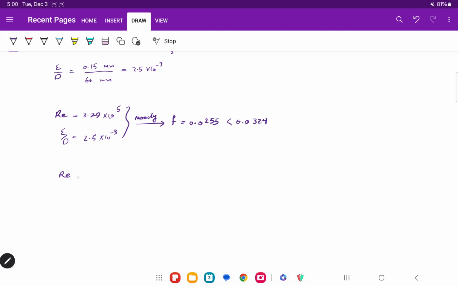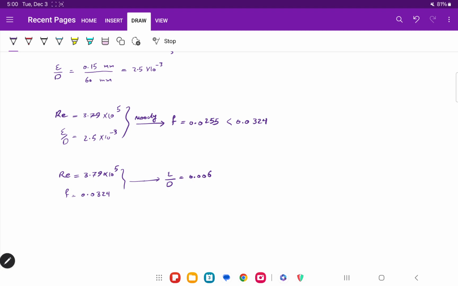And then when we go with this information, Reynolds number equals 3.79 10 to the power 5 and friction of 0.0325, we found from the Moody diagram that epsilon over d is somewhere here.